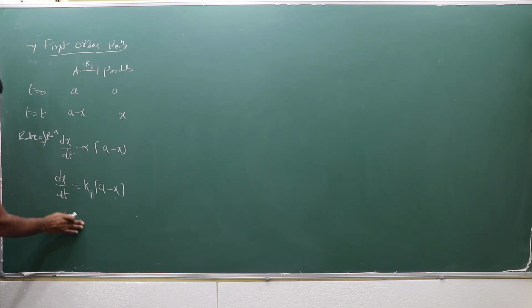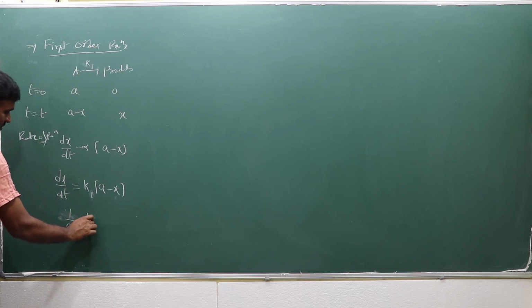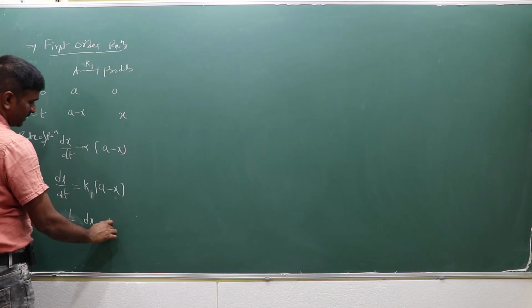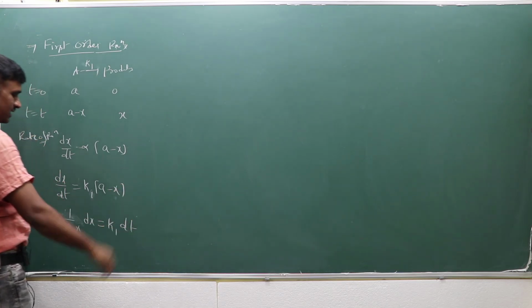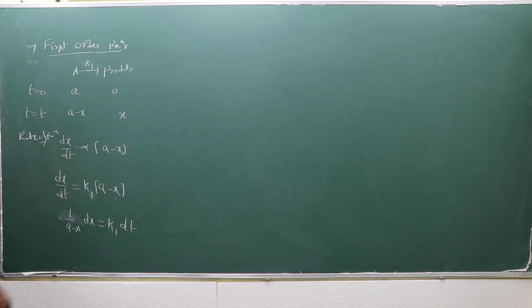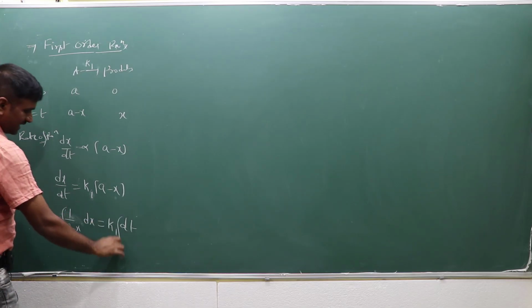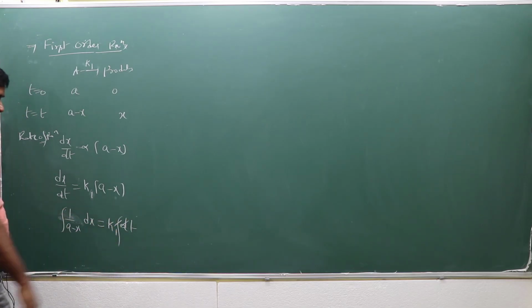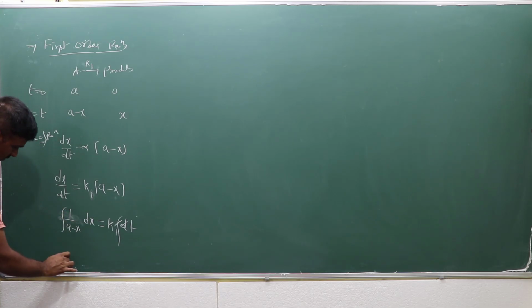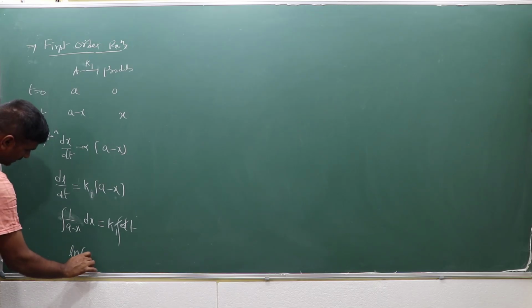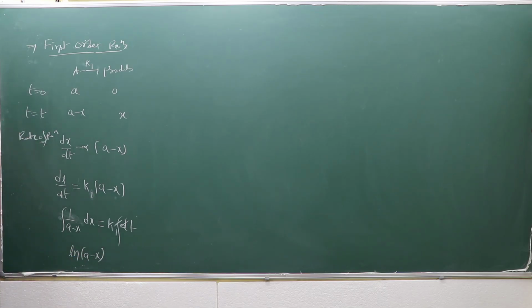This can be written as 1 by a minus x into dx on one side, and K1 into dt on the other side. On both sides we take the integration. The integration of 1 by a minus x into dx is going to be ln of a minus x.